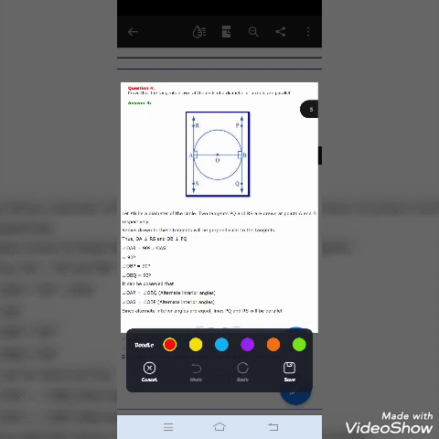It can be observed that angle OAR is 90 degrees, OAS is 90 degrees, and OBQ is also 90 degrees. So we can prove that OAR is equal to OBQ.